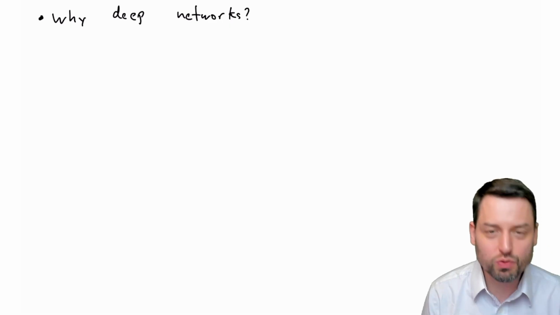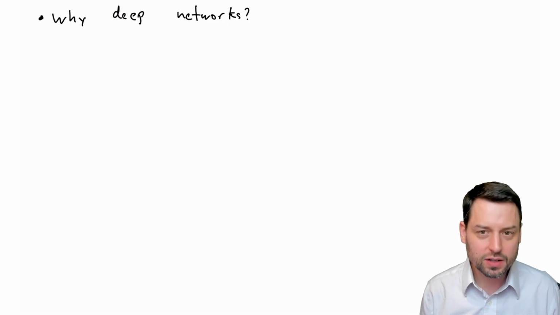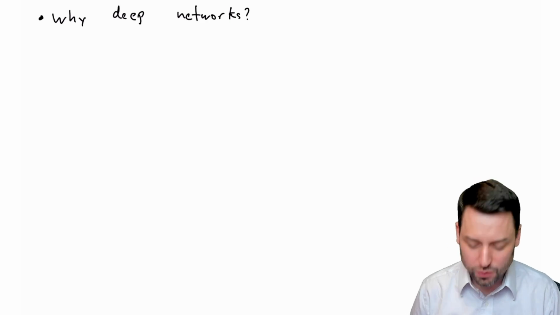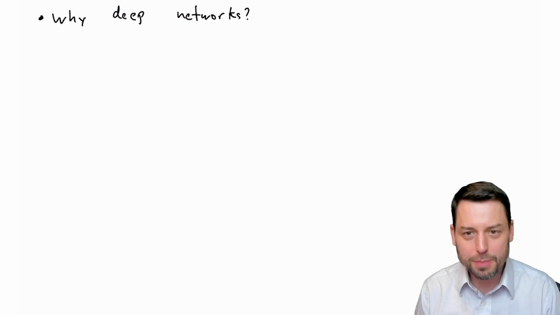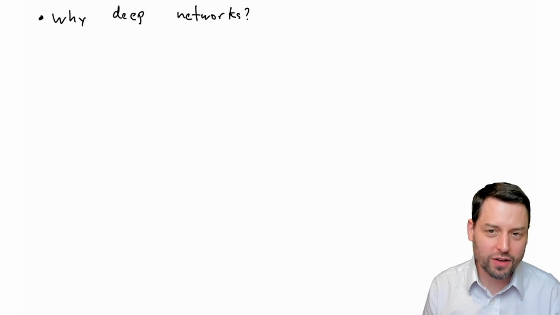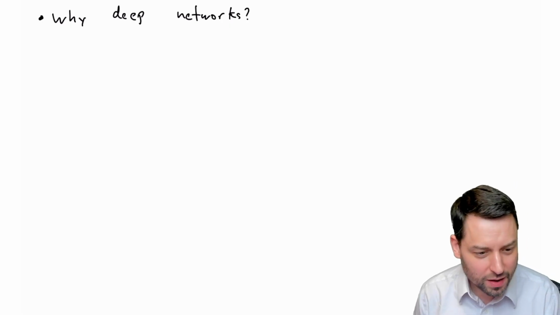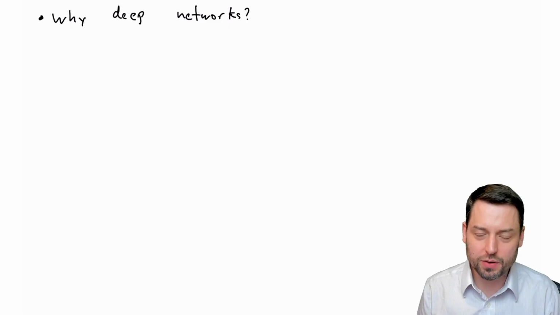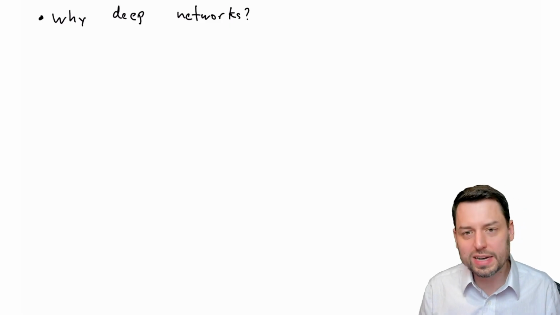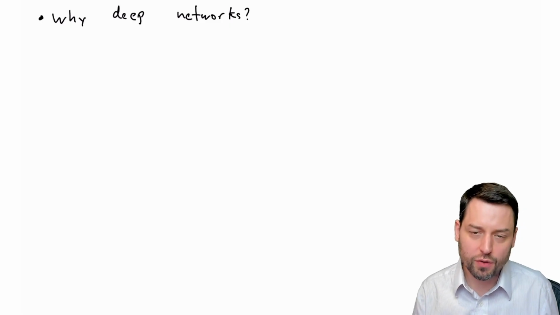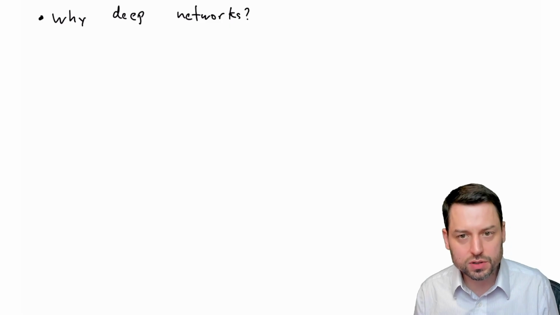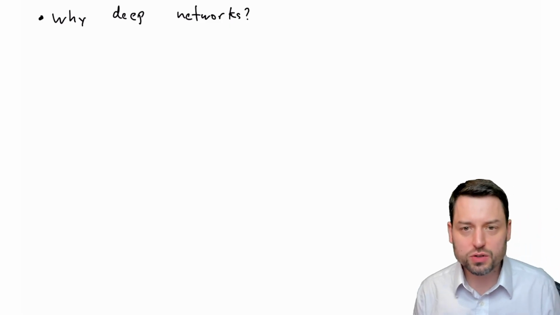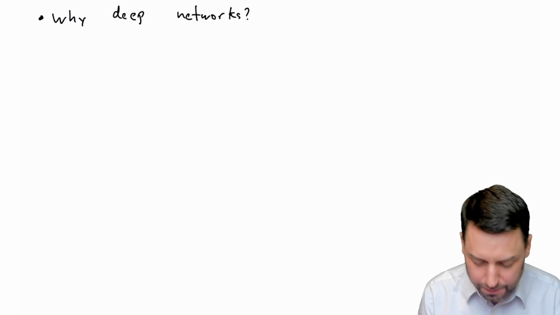So we're able to represent any function using just a two-layer network. So why would we want to use deeper networks? Why go beyond just a two-layer network? There are a few reasons, all reasonable justifications for why we might want to use deeper networks, which I'm just going to mention here.